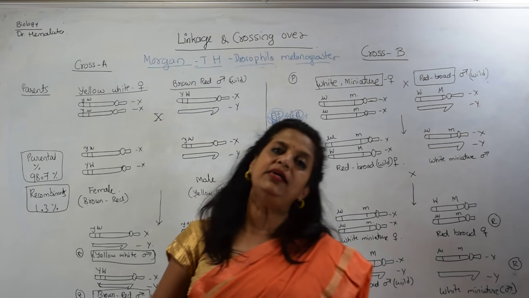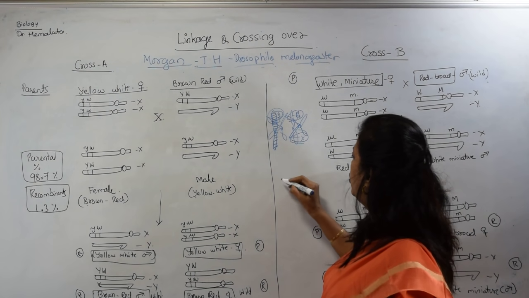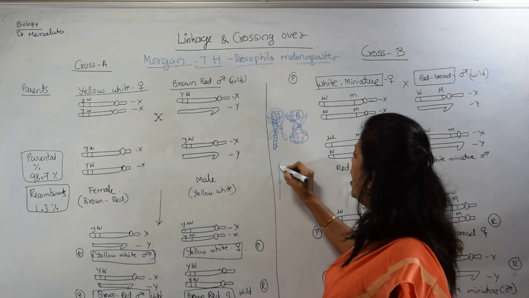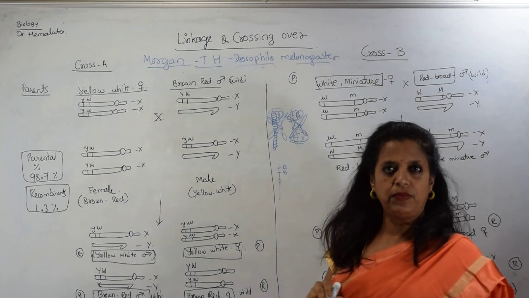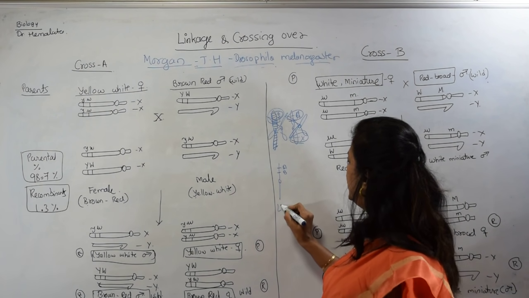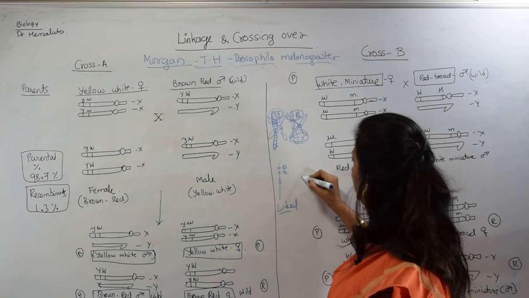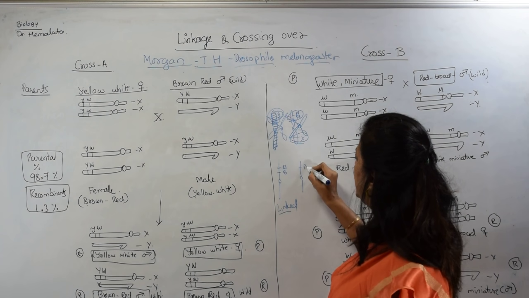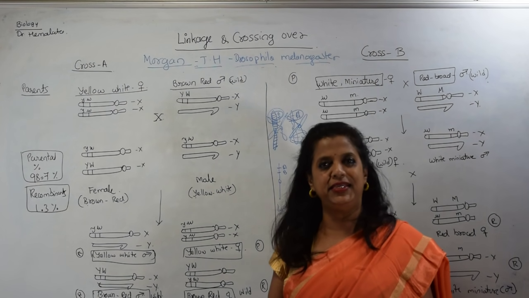So what is that linkage? Suppose this is the chromosome, and genes are present one after the other, very much together. These are called linked genes. And the other way, if one is here and another far away, then they are non-linked genes.